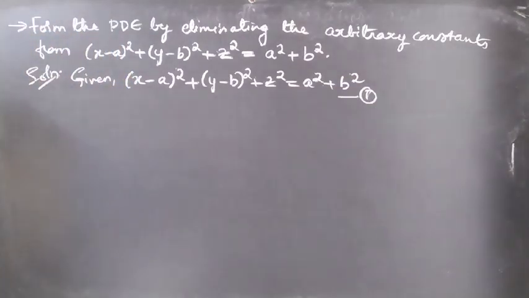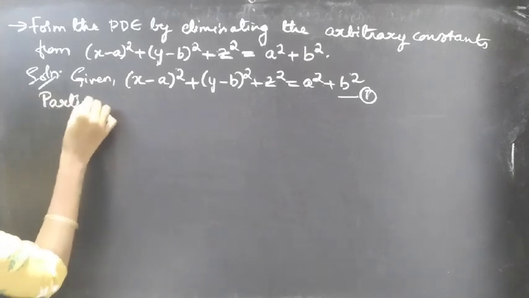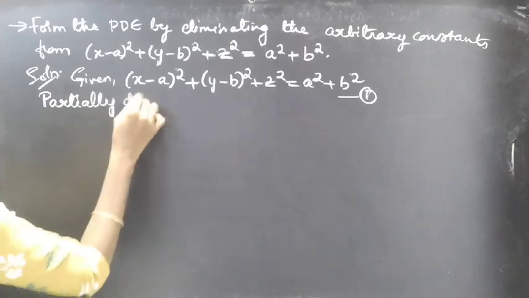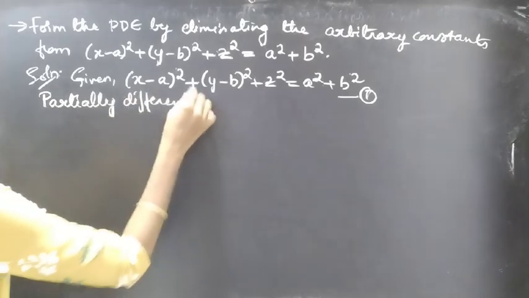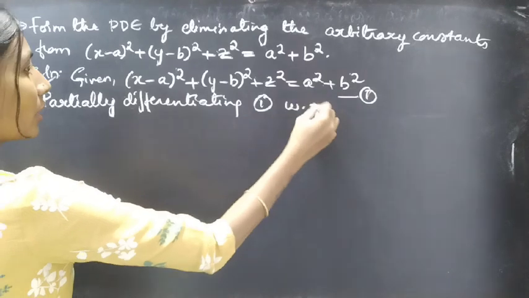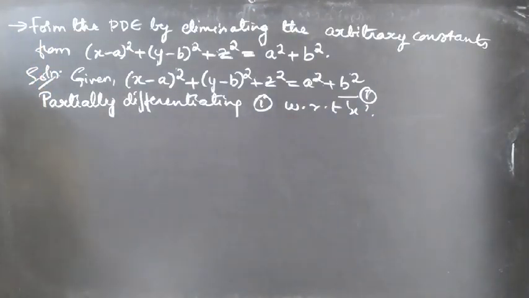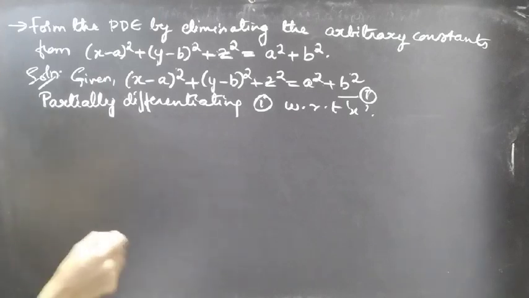Now let's see the detailed process of finding the PDE, and later we'll see the same problem by decreasing the number of steps. Partially differentiating 1 with respect to x. So here we are partially differentiating the given equation with respect to x. We'll treat y as constant.